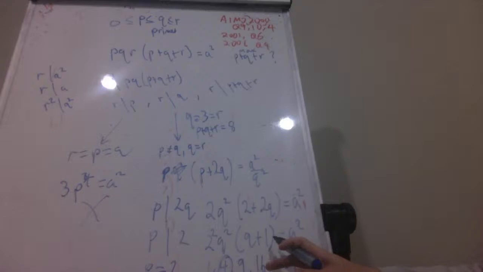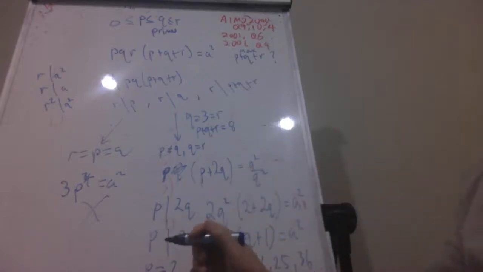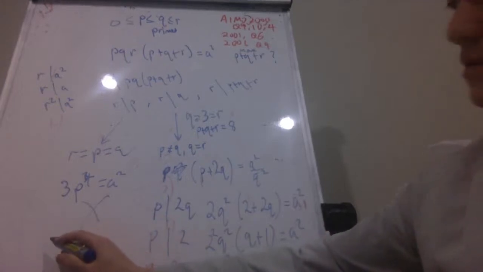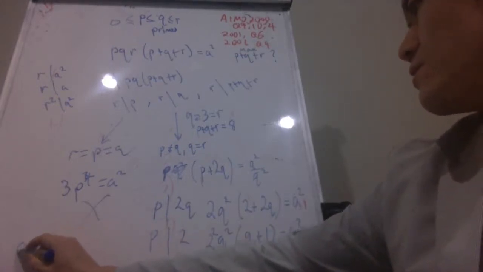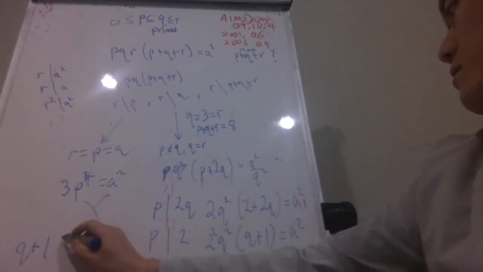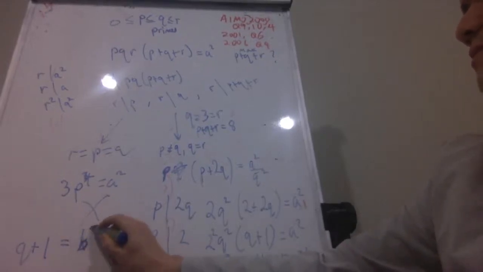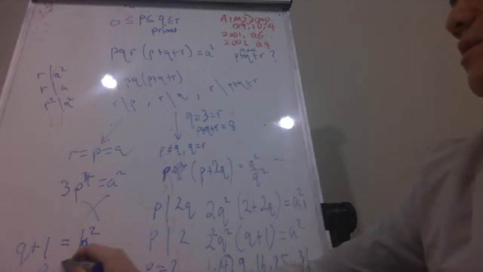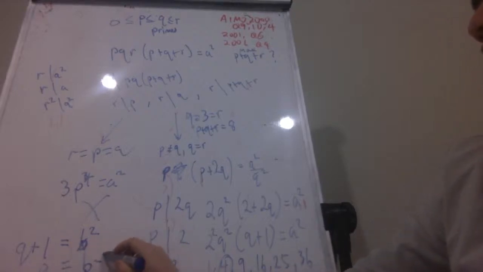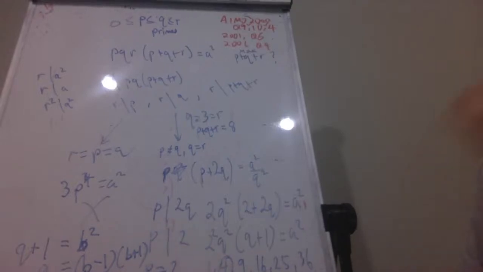Yeah, okay. So obviously there's a better way to do this actually. So for example, you could write Q plus 1 equals B squared, right? And then Q equals B minus 1 times B plus 1, right?